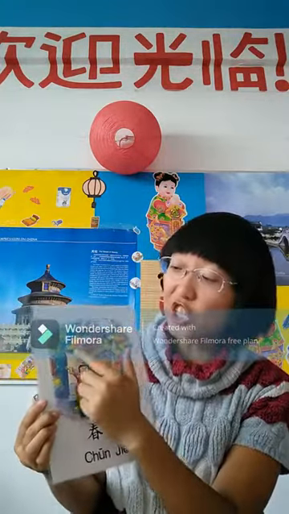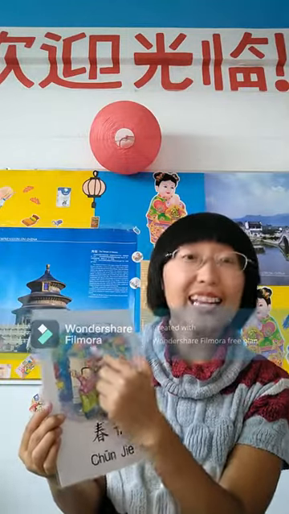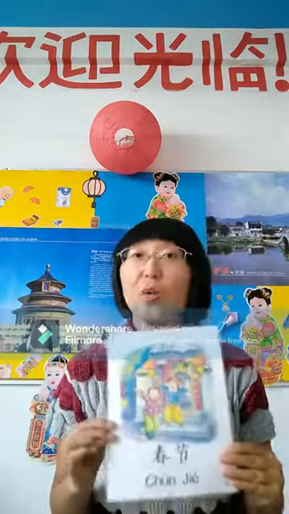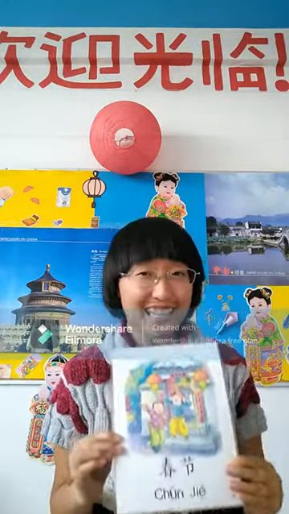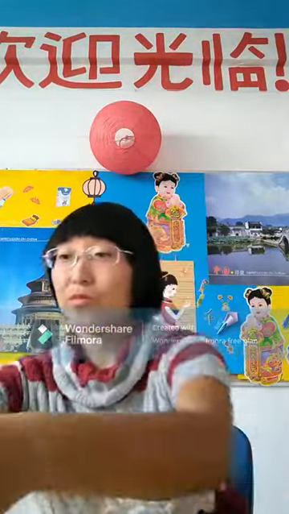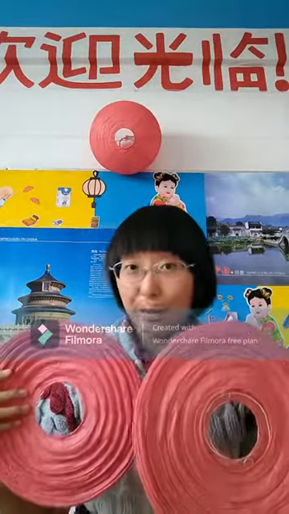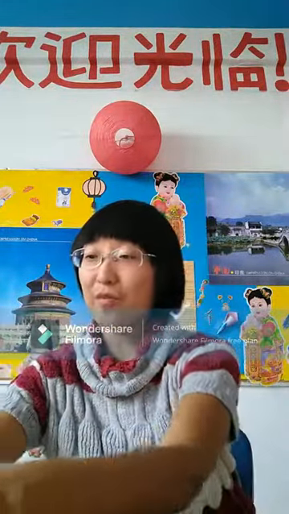Here we can see two big and beautiful red lanterns. So actually, we can also do an interesting activity now. I prepared two paper lanterns. For this small one, we can use this small support.